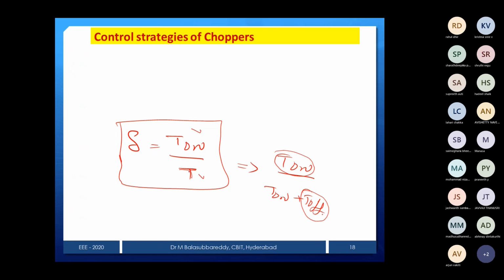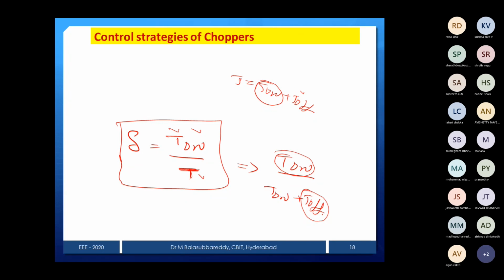Suppose it is a constant frequency, what does that mean? T will remain constant. You keep T constant and change T on, because T is nothing but T on plus T off. Now suppose I keep T on constant, then what will happen? Any one has to be changed, so T off will be changed, and T will be changed.